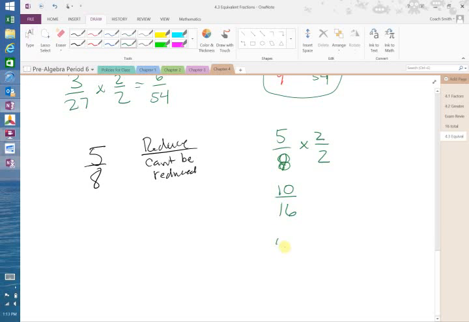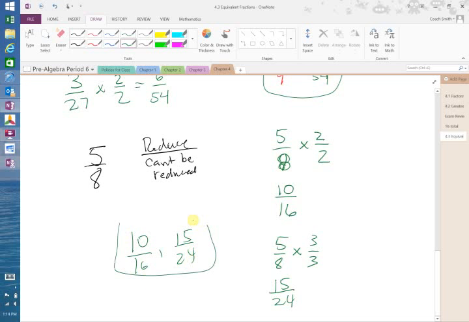So I'm going to take 5 over 8 and multiply it by 3 over 3. And that's going to give me 15 over 24. So my answer then is 10 over 16 and 15 over 24. And that's my answer.